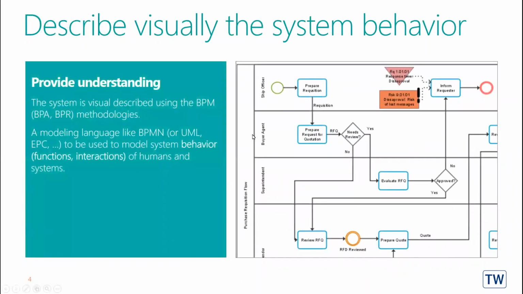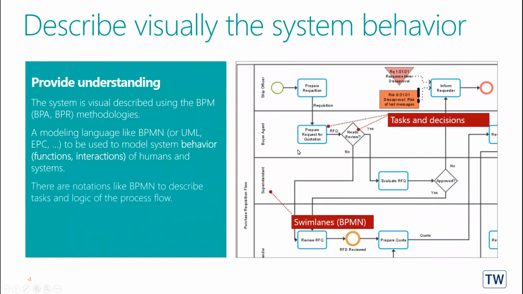So describing visually the system behavior gives the benefit that people can see and understand. Here we can see a modeling language like BPMN. It's used to describe and depict the system behavior, the interactions of the participants, the humans and systems.